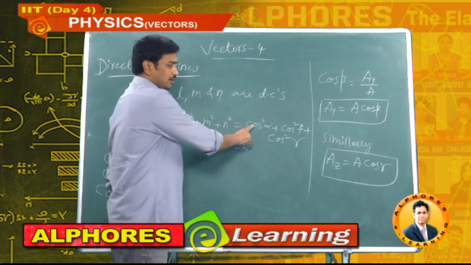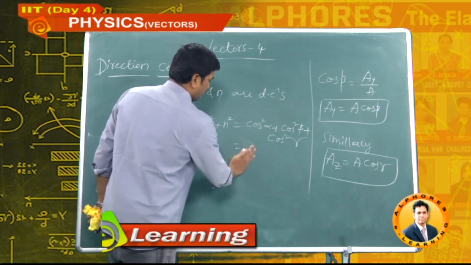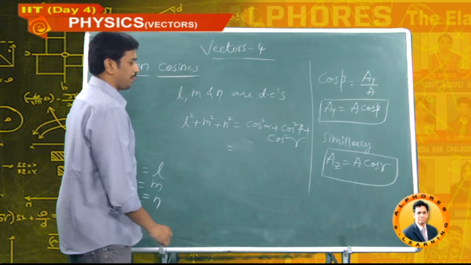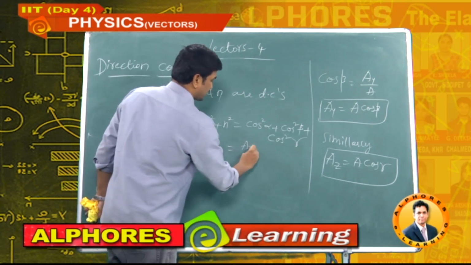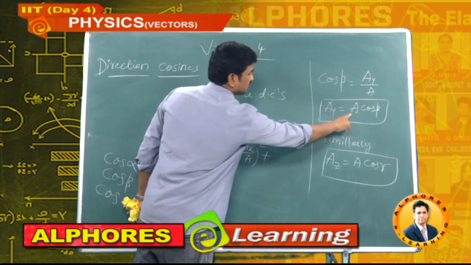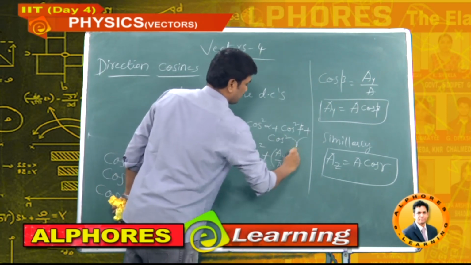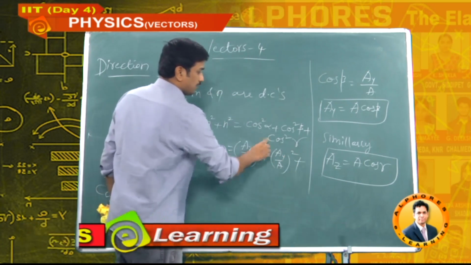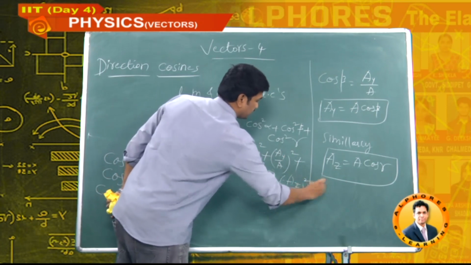That is nothing but cos square alpha plus cos square beta plus cos square gamma. Just now we have calculated: what is cos alpha? Ax by A. What is cos beta? Ay by A. What is cos gamma? Az by A.